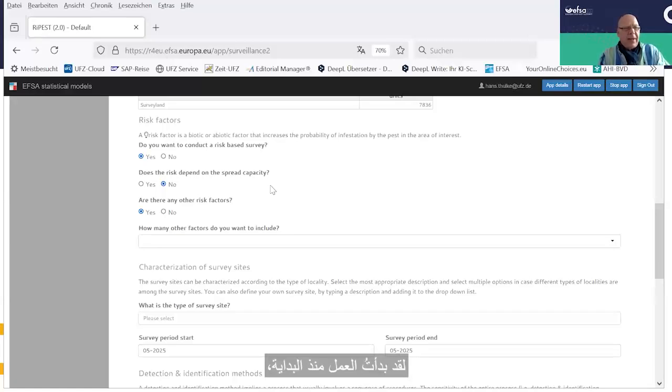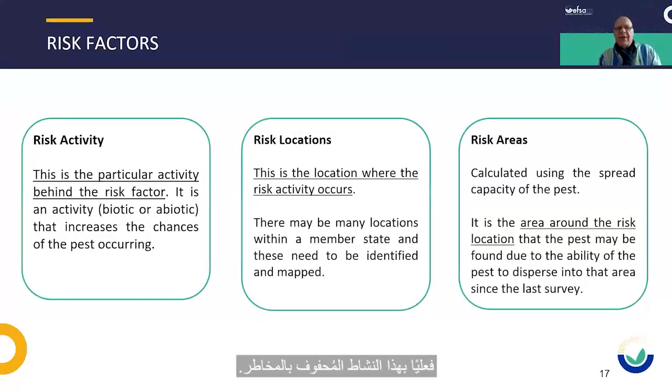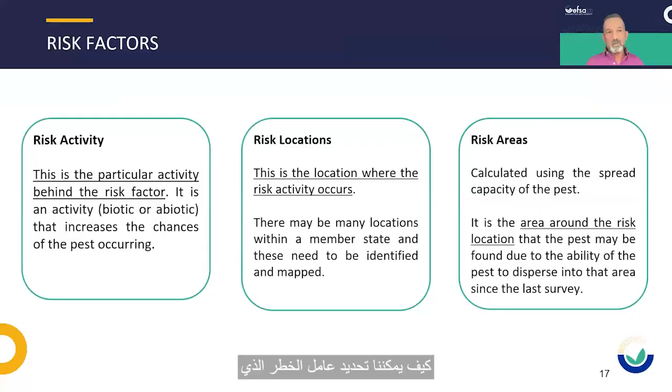I started it already in the beginning, but when we rethink what we can actually do with this risk factor, maybe that is more helpful to understand also how we can define our risk factor for the northern nuts.